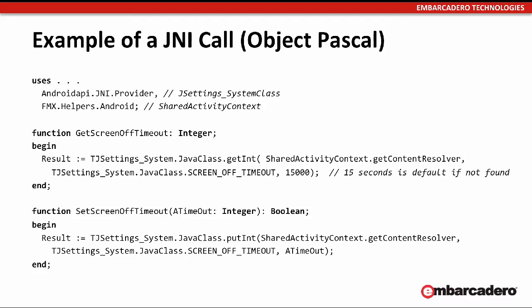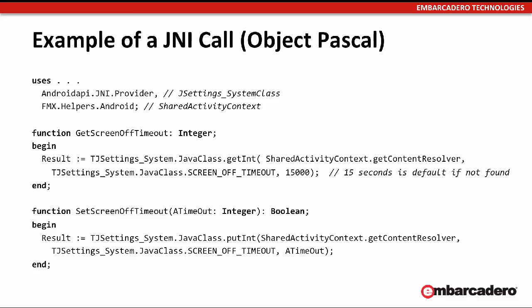So there's two functions here I use that wrap those calls. One's to get the screen off timeout. One's to set the screen off timeout. And you can see them there. I'm using the tjsettings_system.java class.getInt. Now, .java class means I want to access the class itself.